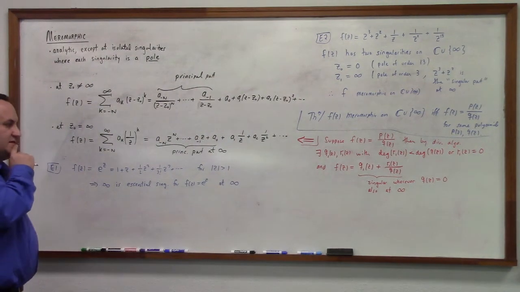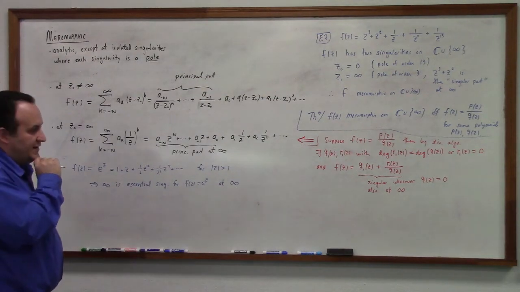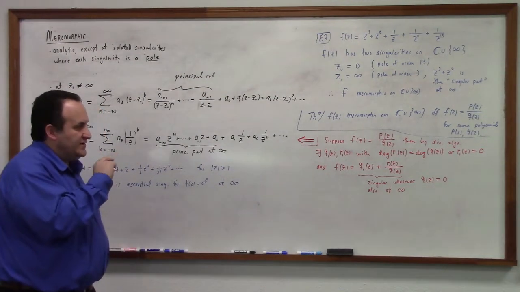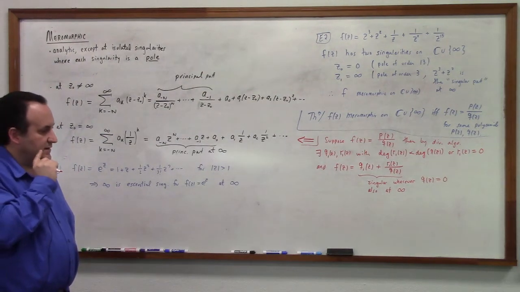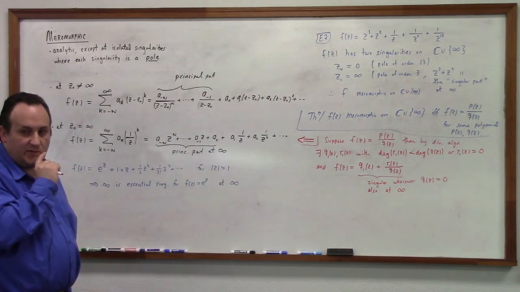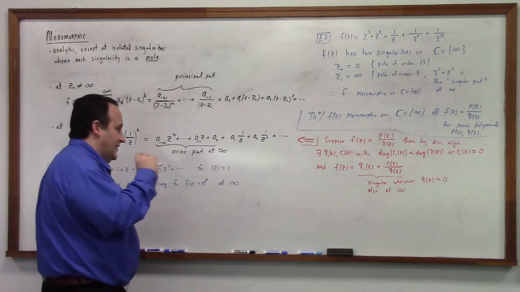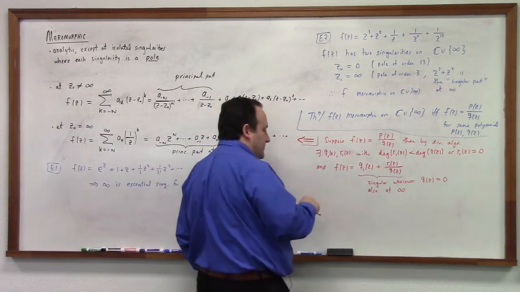Okay, so to prove this in detail, I need to give convincing evidence that r1 of z divided by q of z, when we expand on an exterior annulus, gives us reciprocal powers, right? Whereas the positive powers on an exterior annulus are all coming from q1 of z, right?